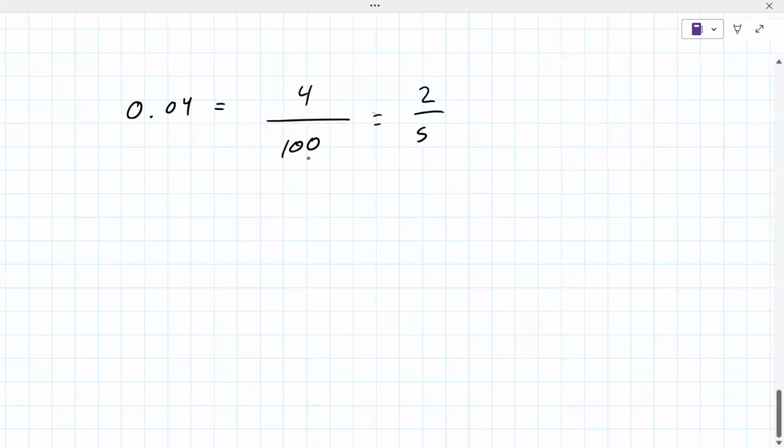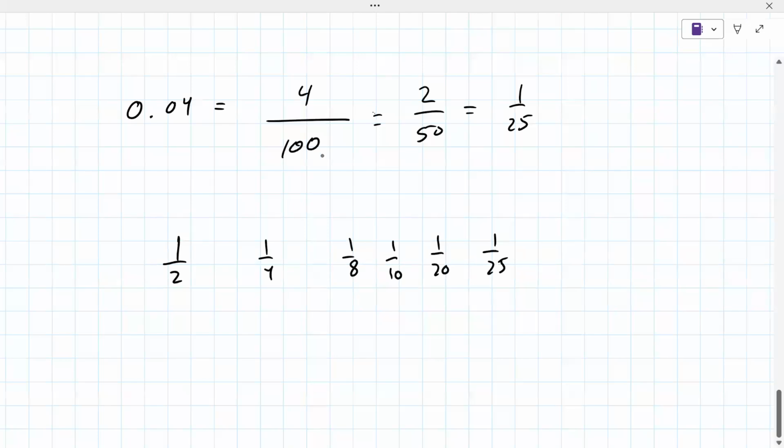Yeah, so 2/50 and then 1/25. So remember I made you that list earlier, divided by 2, divided by 4, divided by 8. 1/25 is another one of those that works out nicely. Same with 10. There's only a few. Some of them really do not work out.